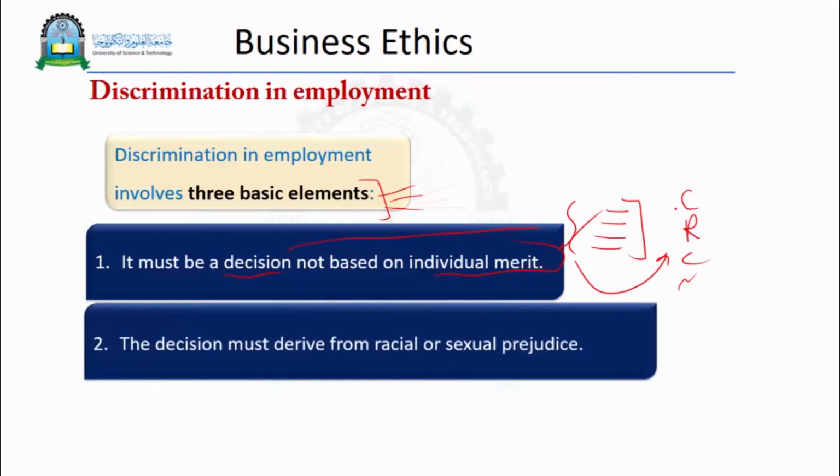Second, the decision must derive from racial or sexual prejudice. So any kind of decision as to employment which is not based on merit and is more about racial or sexual prejudice is an example of discrimination in employment.